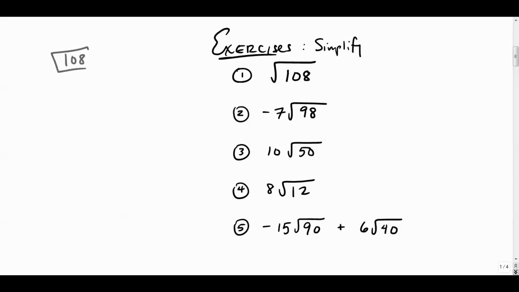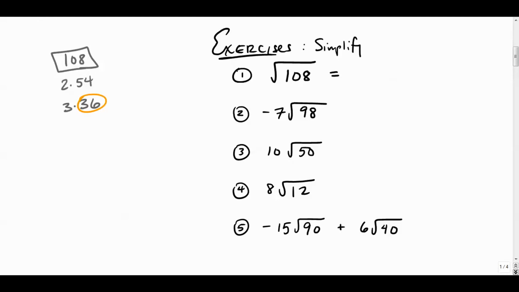See if you can find factors that are perfect squares. So let's see, 1 times 108, 2 times 54, that's not a perfect square. 3 times 36, I believe, yeah, that works. And that's good because 36 is a really big perfect square.